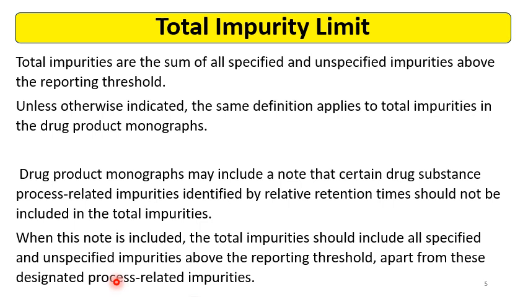But if these process related impurities are also degradants, for example, impurity A is a process related impurity controlled in the drug substance specification, and you take that drug substance and make a product, and you find that though impurity A is a process related impurity in the API, it is increasing on stability or shelf life and is a degradant, then these types of impurities are required to be included in the total impurities.